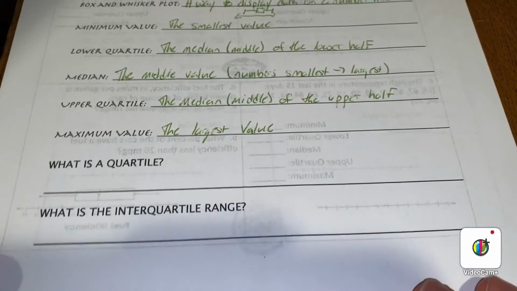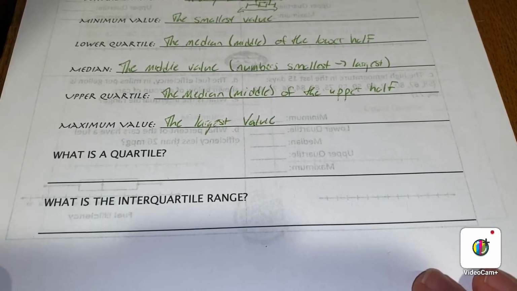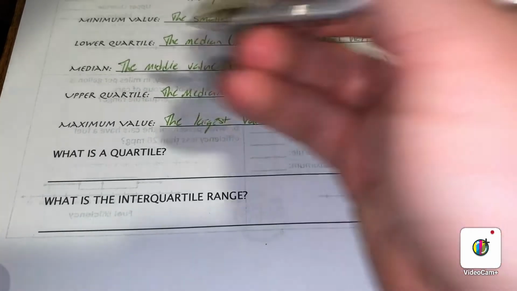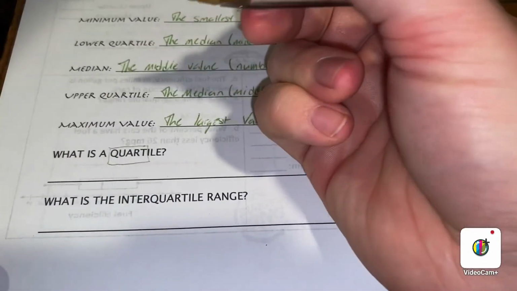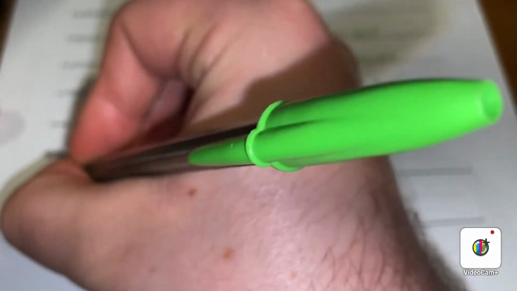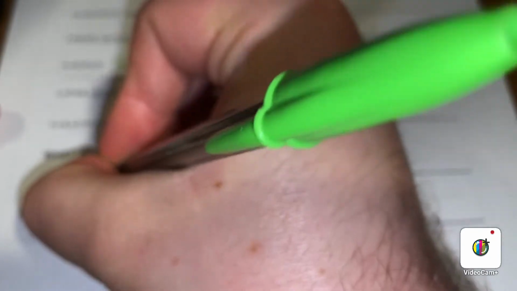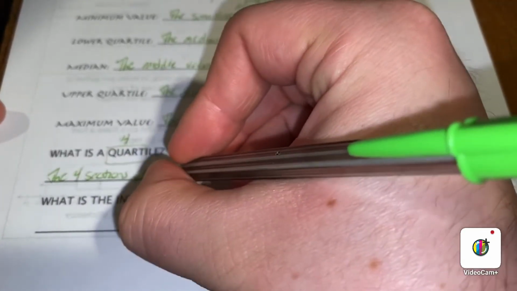So what is a quartile? You keep seeing this word quartile, but what is it? So the prefix quart is like quarter, which means 4. So it's the 4 sections that make up each box plot.